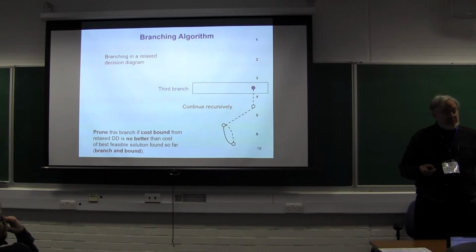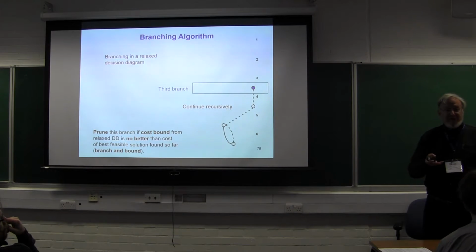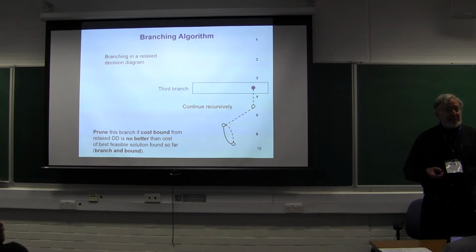Throw away the old one. Yeah. But why would you construct the remainder of the first diagram at all? I mean, if you throw it away anyway. To get the bound. That's the key. It gives you a lower bound. Yeah. And once you have that bound, you throw it away.